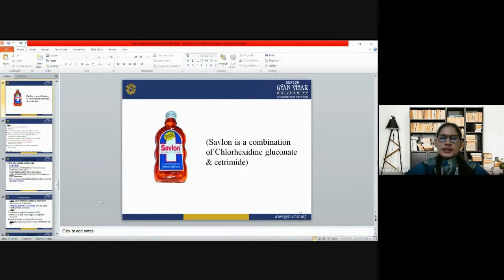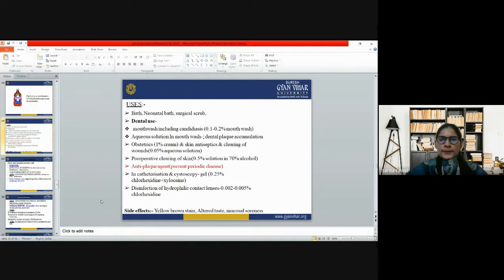As you can see, Savlon is also most widely used in the household. Savlon is the combination of chlorhexidine gluconate and cetrimide. Now, the uses of Savlon are in bathing, neonatal bath, and surgical scrubs.